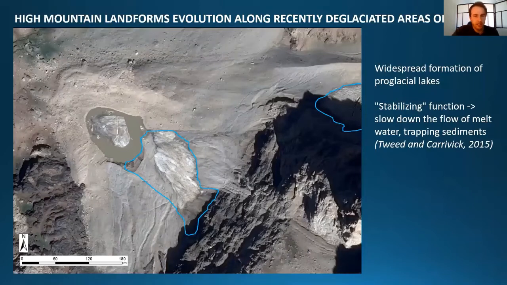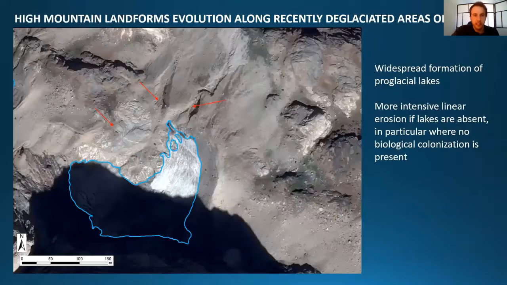Here we can find ice marginal glacial lakes, and we note that the moraine ridge is completely stable, completely not eroded. Here, otherwise, we note how, in absence of glacial lakes, there is more intensive linear erosion.